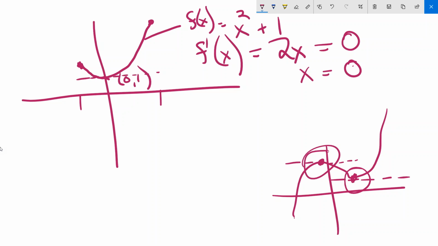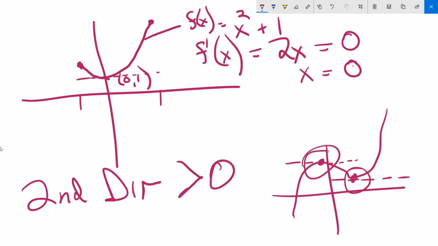All right. You would just use the graph to determine whether it's a local minimum or maximum? There's a mathematical way to determine whether it's a minimum or a maximum, and that is to take the second derivative. When you take the second derivative, if it is greater than 0, it is concave up, making it a minimum.